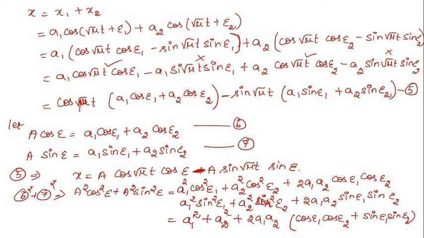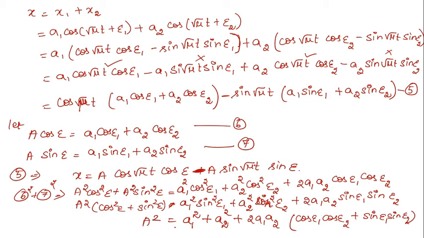So see, it is cos epsilon 1 cos epsilon 2 plus sine epsilon 1 sine epsilon 2. It is in the form from which you can derive the formula for cos of A minus B. So when you add these terms, A square is common, and cos square epsilon plus sine square epsilon gives you 1, leaving A square.